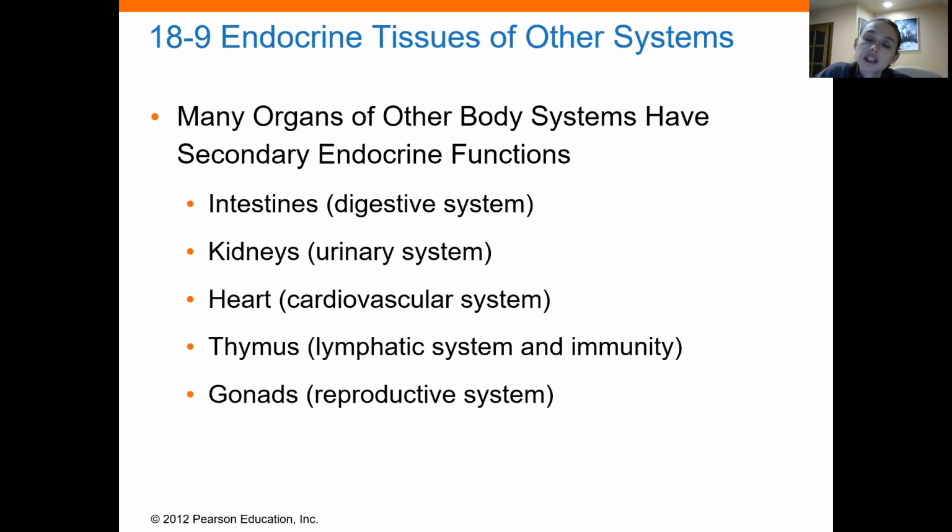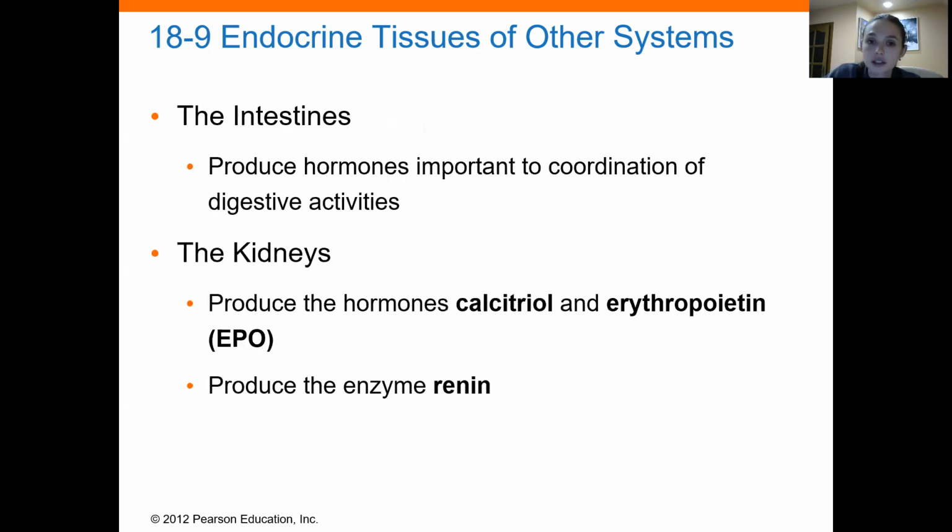Now we are going to discuss the endocrine tissues of other systems. Many organs and other body systems have a secondary endocrine function: the intestine, digestive tract, kidneys, heart, thymus, and gonads.